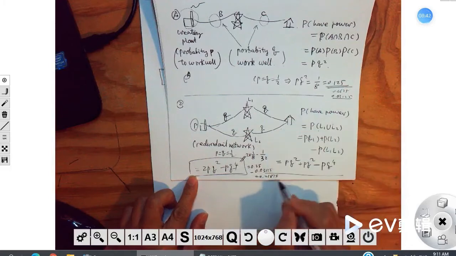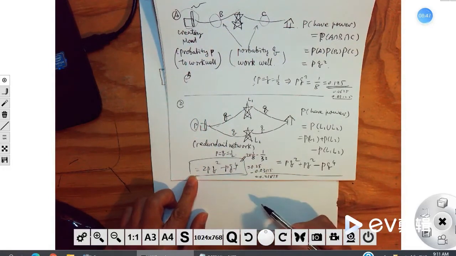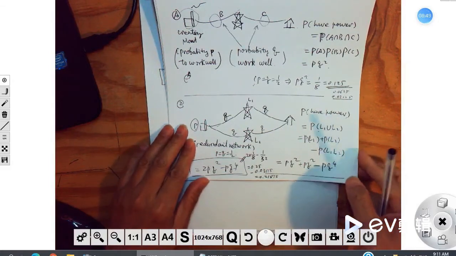Obviously it's better than just one path.